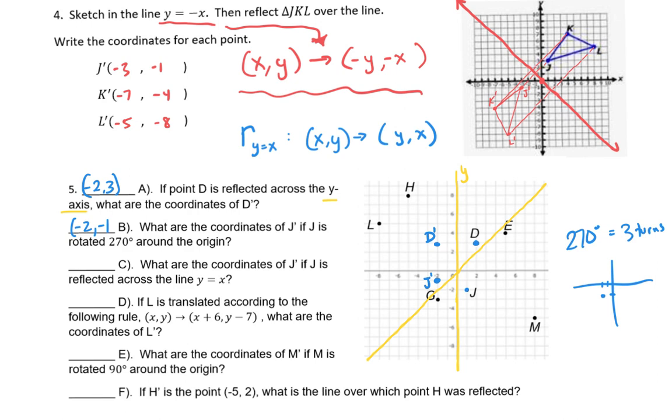Cool, and we're going to flip J over that line. So J is 1 diagonal and a half from that line. So on the other side, we're going to go a half and a 1. And that's where we'll put J prime. They could have been a little more creative with the points. And that's at -2, 1.